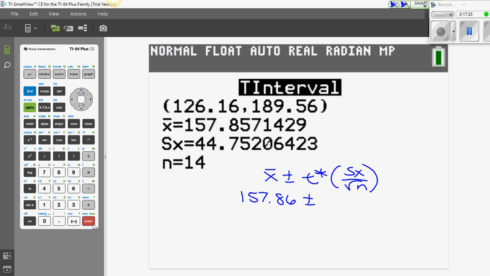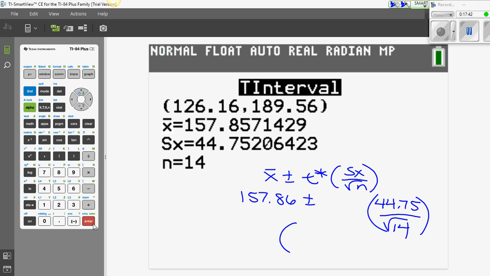Do we know t star yet? No, leave it alone. What else do you know? Yeah, that's the 44.75, divided by the square root of what? 14. Now, you don't have to compute any of this by hand, because guess what your calculator did? It already did it for you.